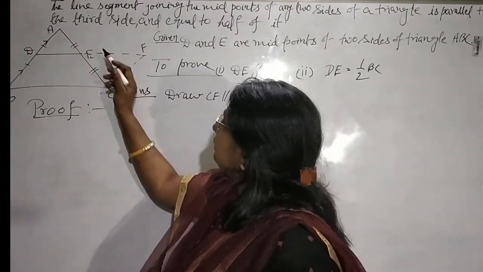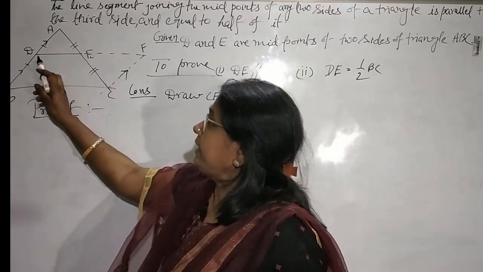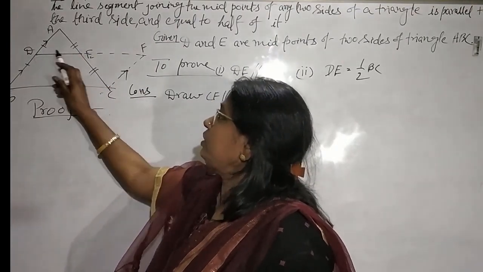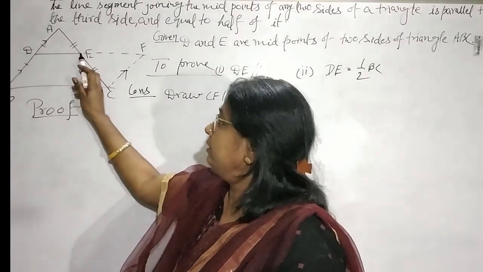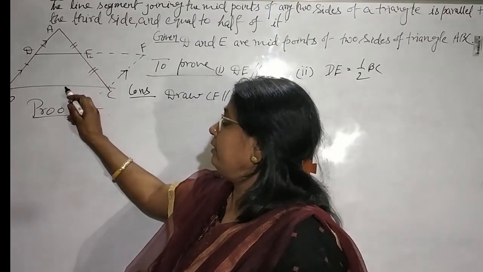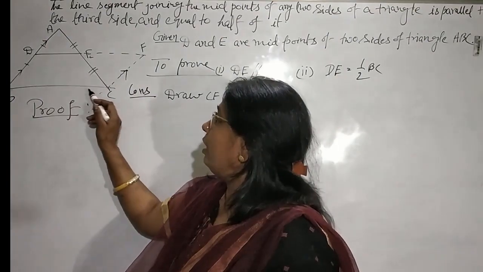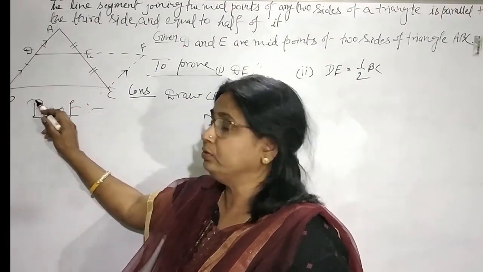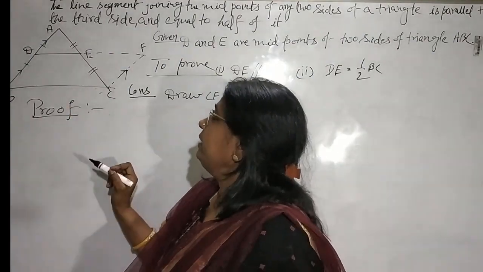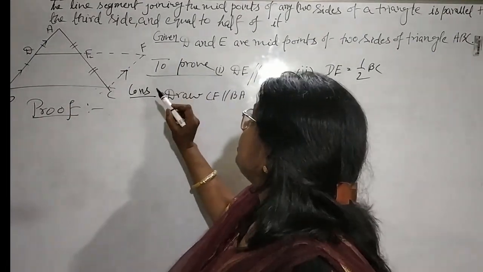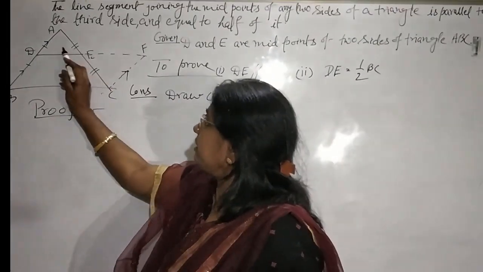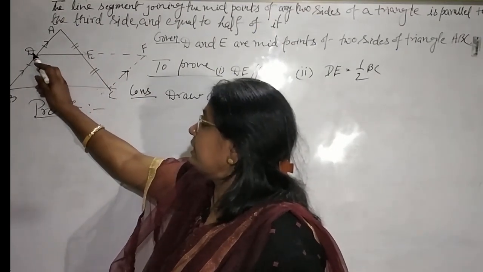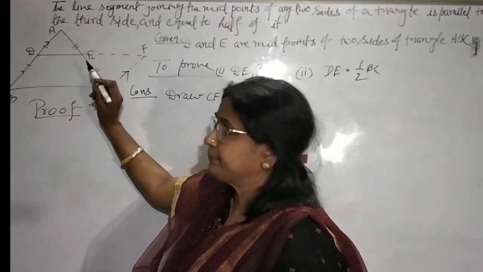Now the theorem: the line joining the midpoints of any two sides of a triangle is parallel to and equal to half of the third side. That means in the theorem it is given that D and E are midpoints, joining D and E, the line segment DE.